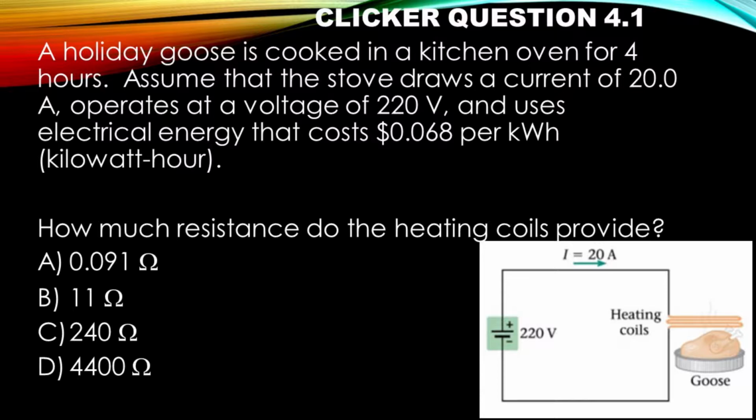Assume that the stove draws a current of 20 amps, operates at a voltage of 220 volts, and uses electrical energy that costs 0.068 dollars per kilowatt hour. How much resistance do the heating coils provide? Okay, so that's the first question.